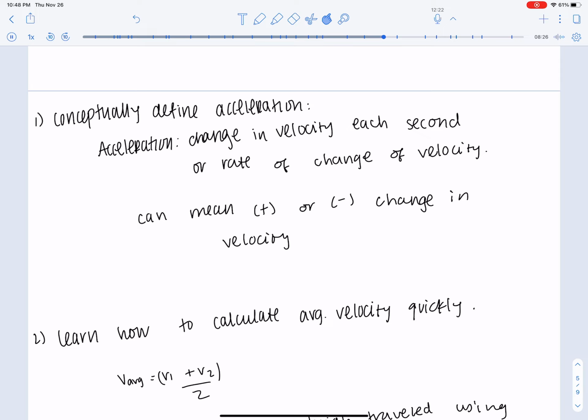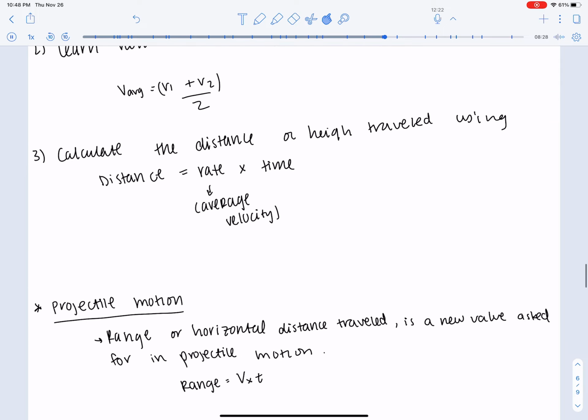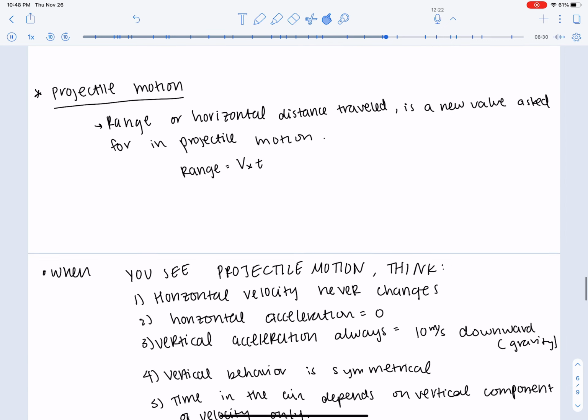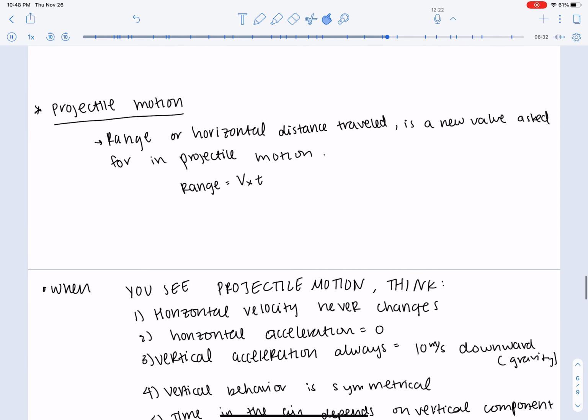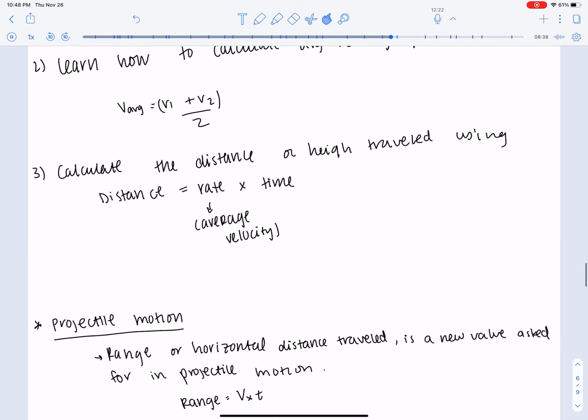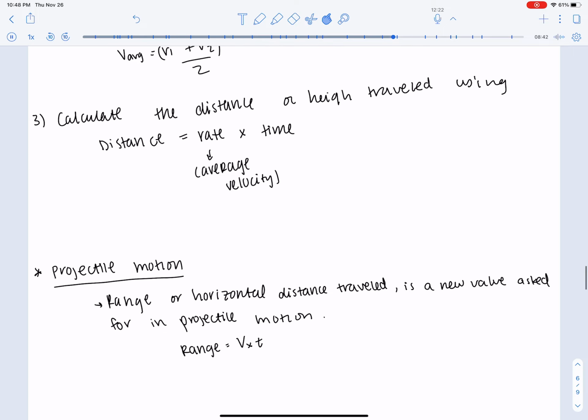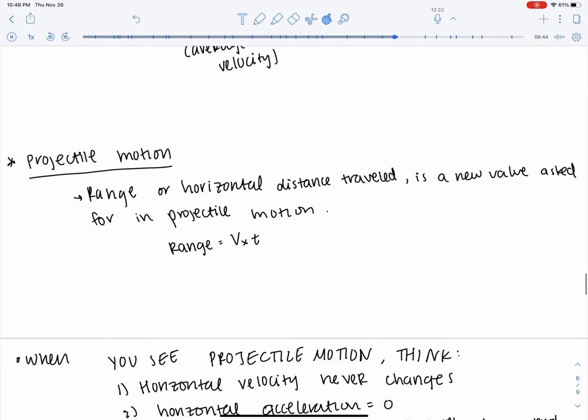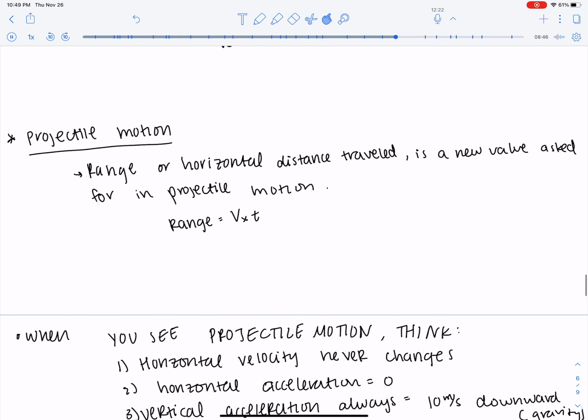Projectile motion is talked about then, and it says that range, or horizontal distance traveled, is a new value asked for in projectile motion. An equation used is range equals Vx times time.